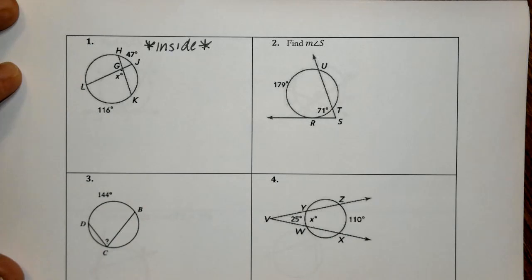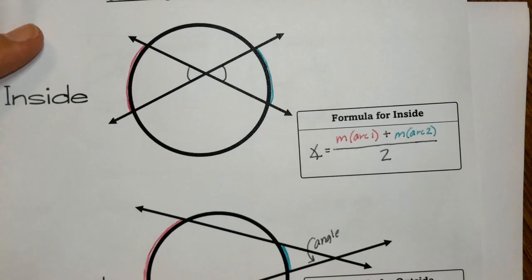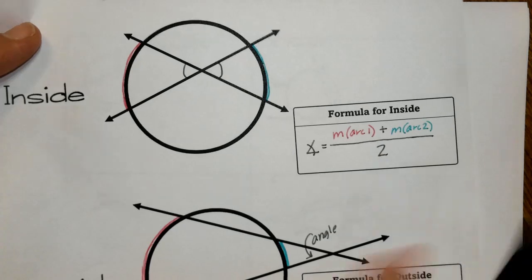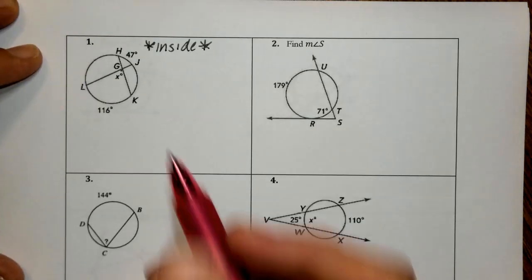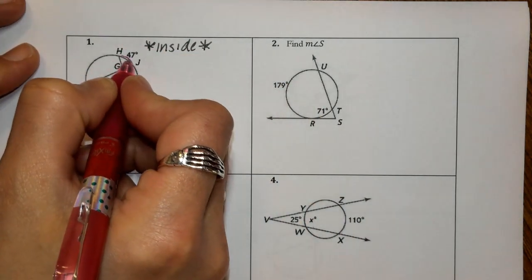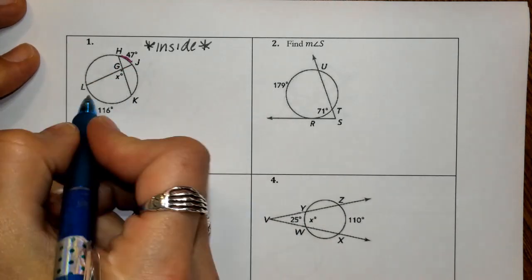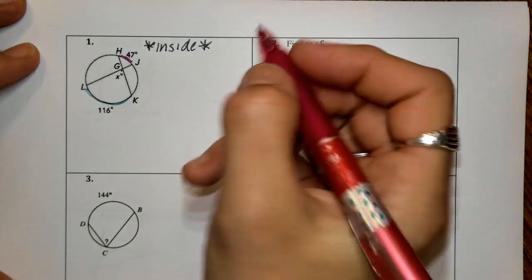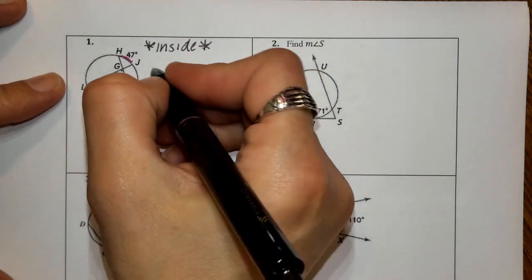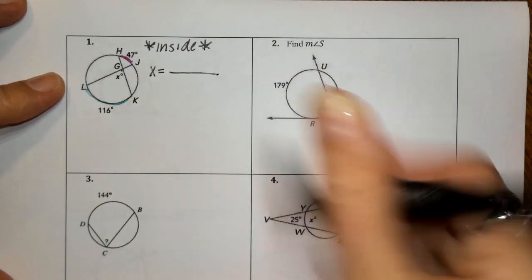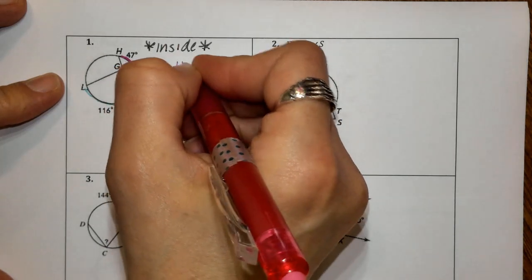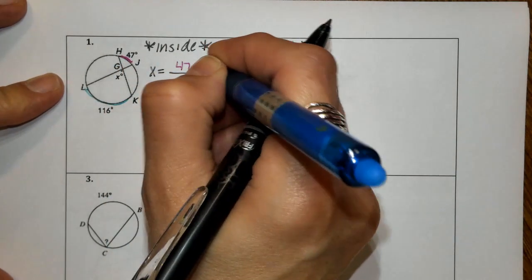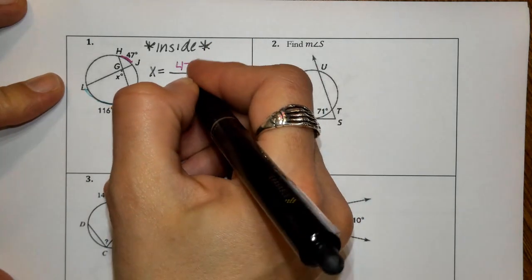So we want to make sure that we're using the formula of adding the two arcs together and dividing by 2. So here we've got arc one and arc two. Solving for x, we will take 47 plus 116 and divide by 2.